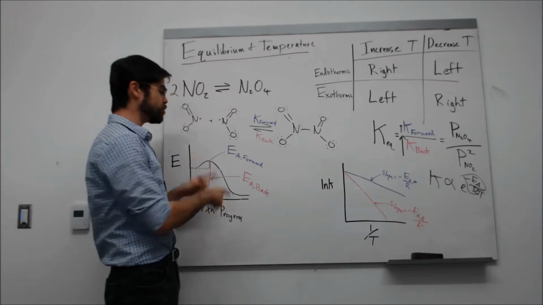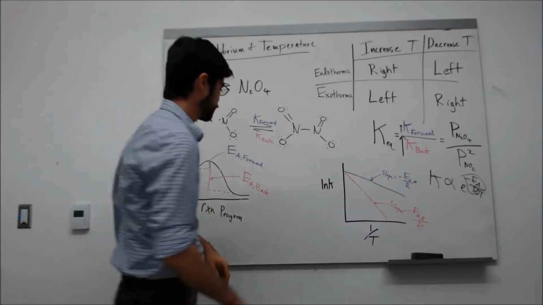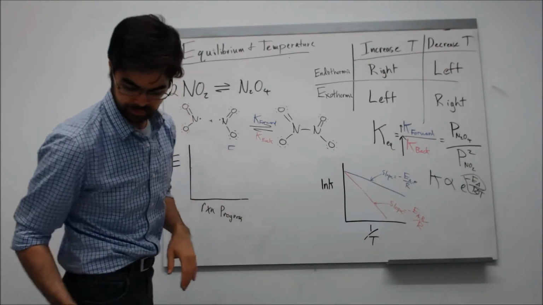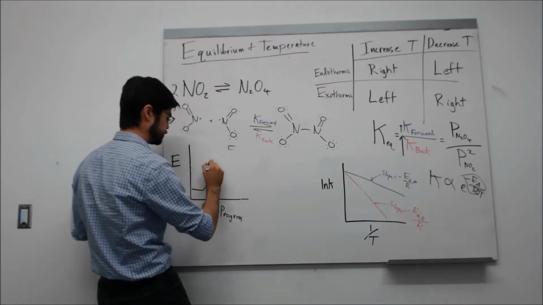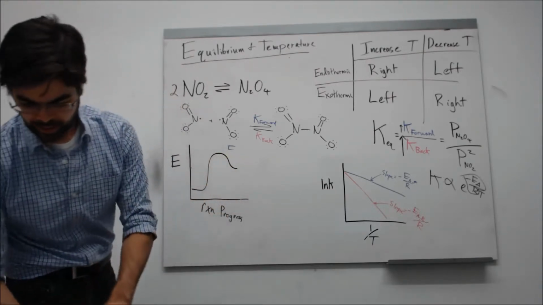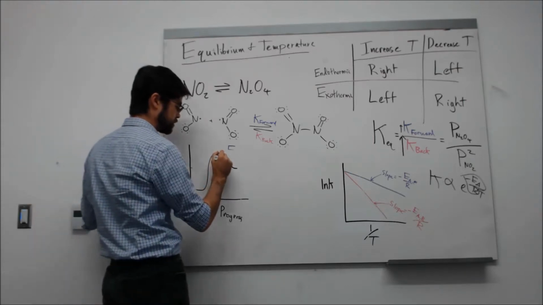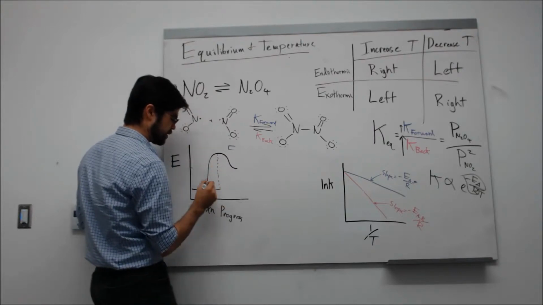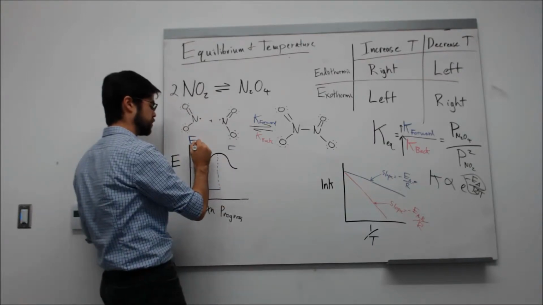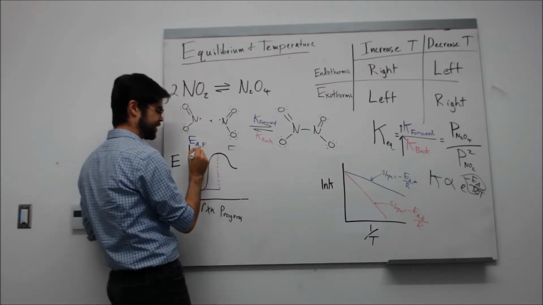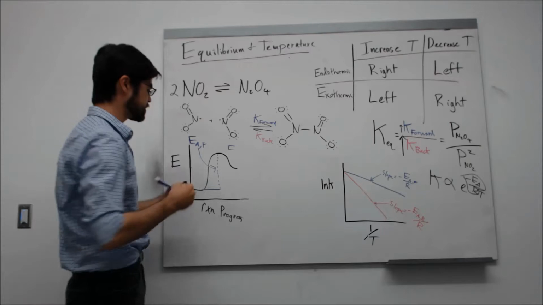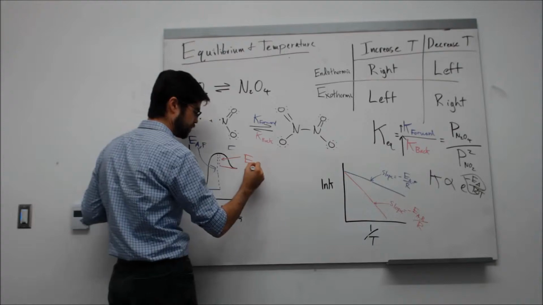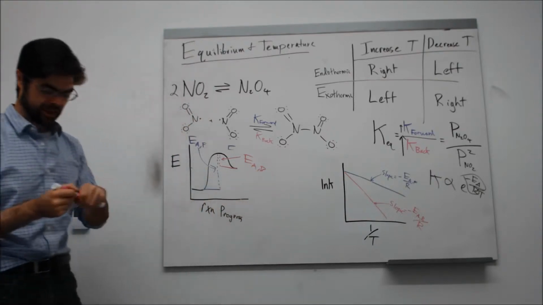If I had an endothermic process, it would look like this. In this case, I'll keep the colors the same. Now this is the forward activation energy, and this here is the backwards activation energy.